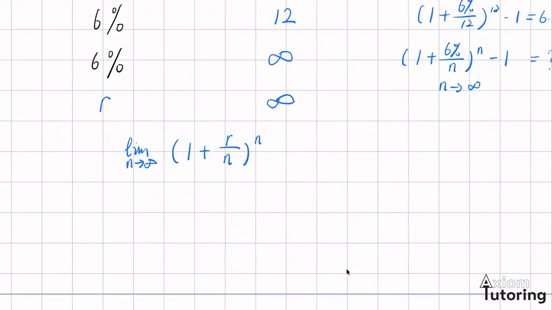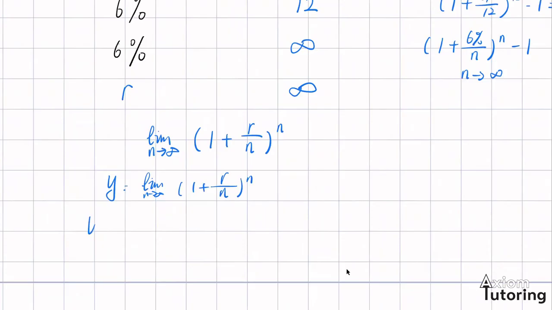You can think of this as a certain number y, so y is this expression. We don't like the exponent here, so we take the logarithm on both sides, which gives you n times log of 1 plus r over n. We can ignore the y for a second.